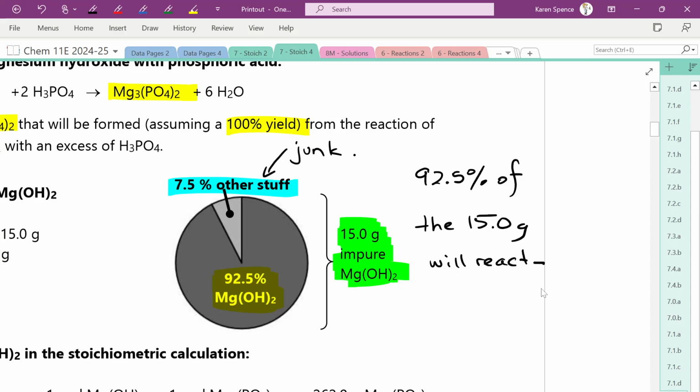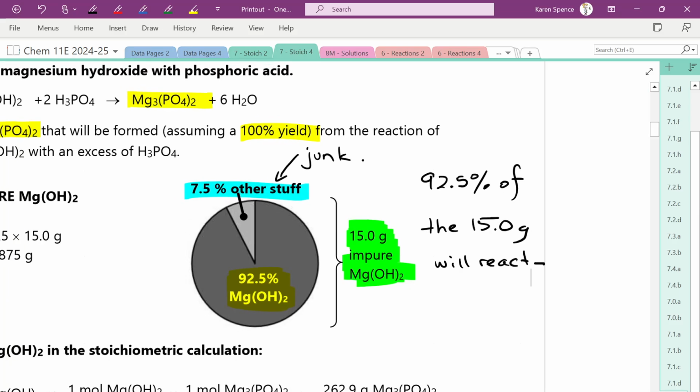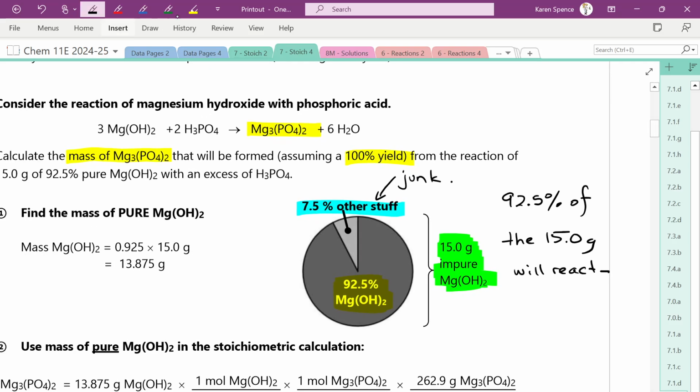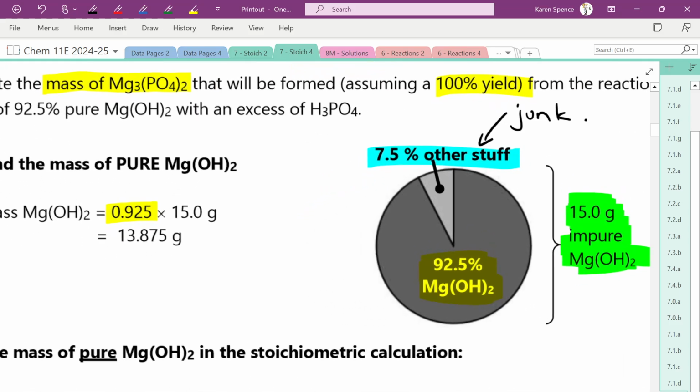We take 0.925, we change it into a decimal, 0.925, of the 15 grams. And we get 13.875 grams.